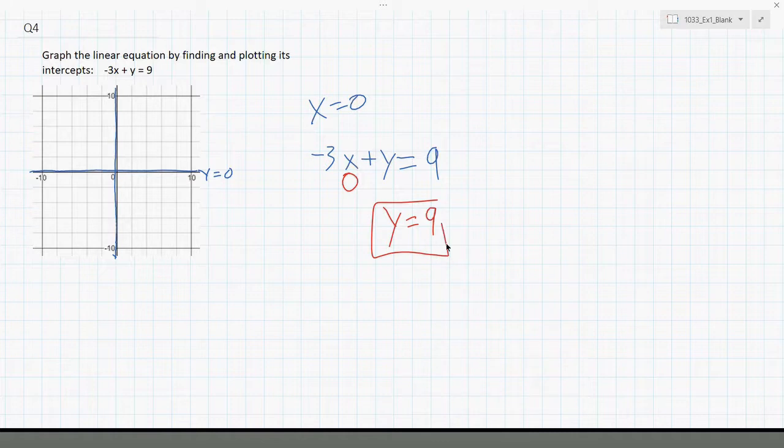And you already know where one of your points is going to be. You could just put it in coordinate pair form, where you'd say x is 0, y is 9.